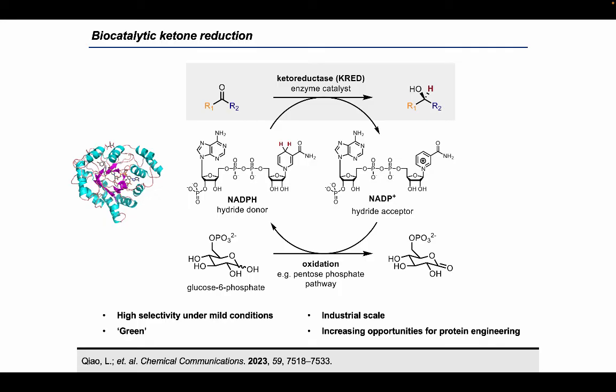NADP+ is converted to its reduced form, NADPH, which serves as a hydride donor, transferring the hydride to the ketone substrate. Due to the chiral environment created by the enzyme active site, transfer of the hydride often occurs with a high degree of stereoselectivity. On the next slide, we'll discuss an example where ketoreductase was used in the synthesis of a pharmaceutical.